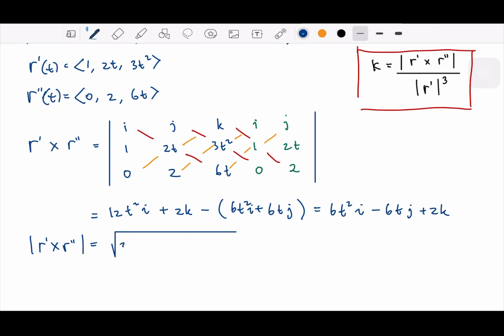So it will be the square root of 36t^4 plus 36t squared plus 4.